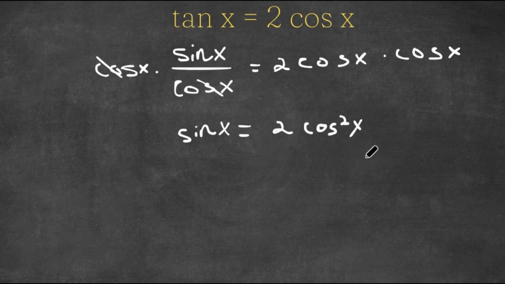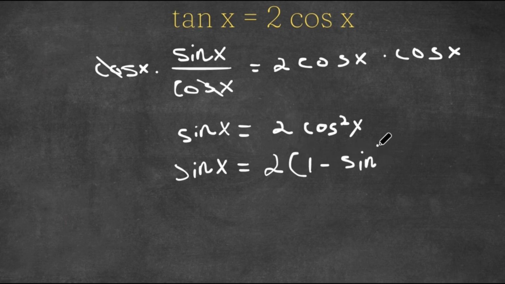Now, cosine squared is equal to 1 minus sine squared, meaning you could write this as sine x is equal to 2 times 1 minus sine squared x, sorry.